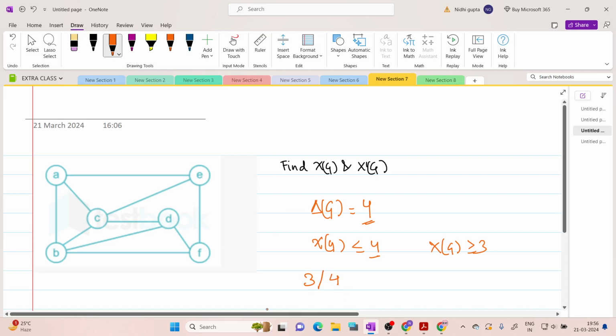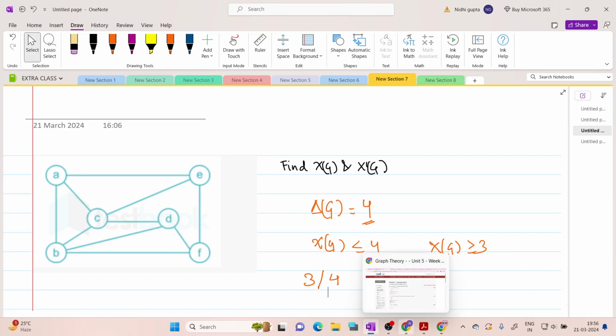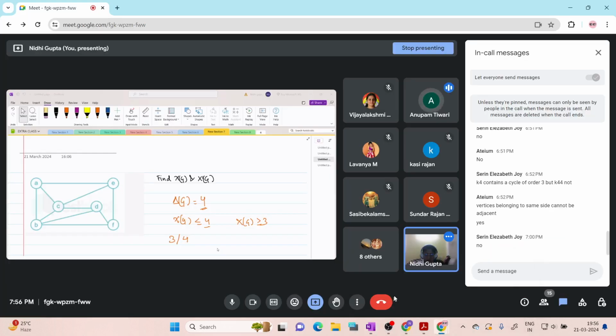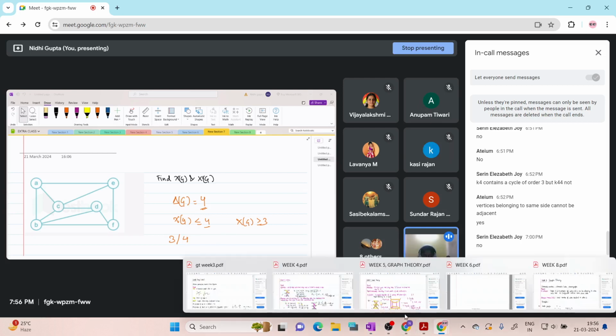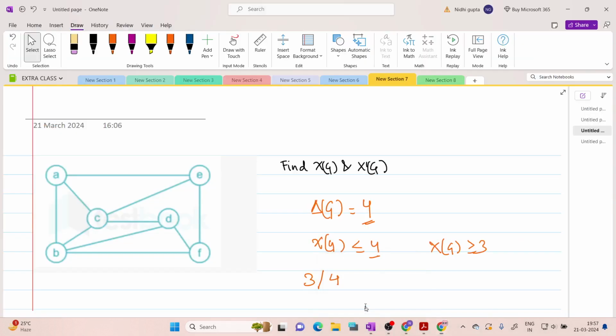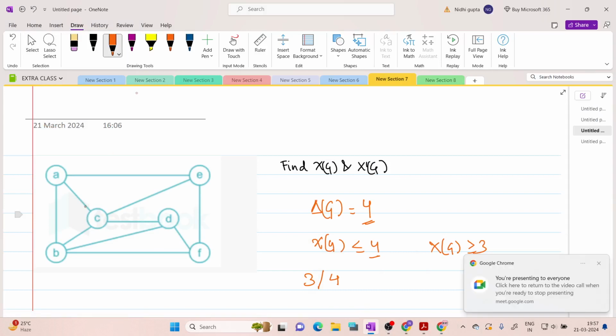So did anyone try this? So what was the answer coming? Chi of G is 3, ma'am. Yes. So how do we see it is 3? Let's try it. Suppose this is an odd cycle.